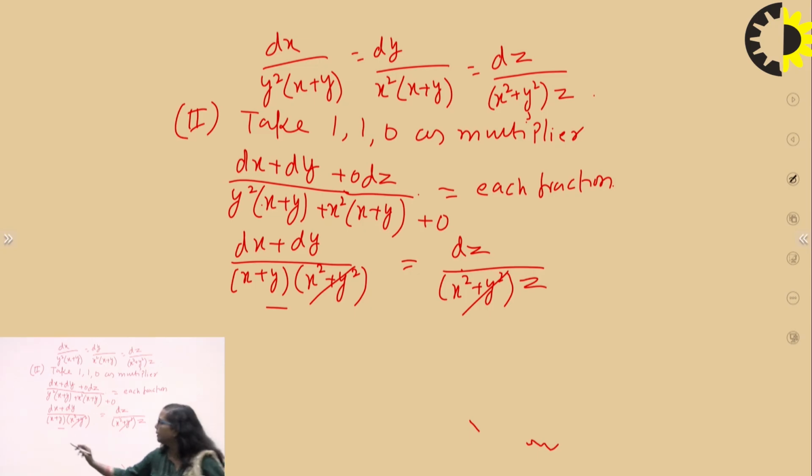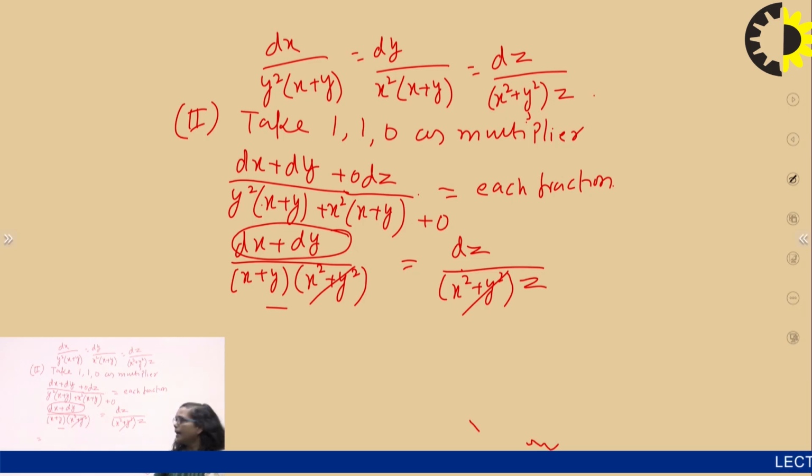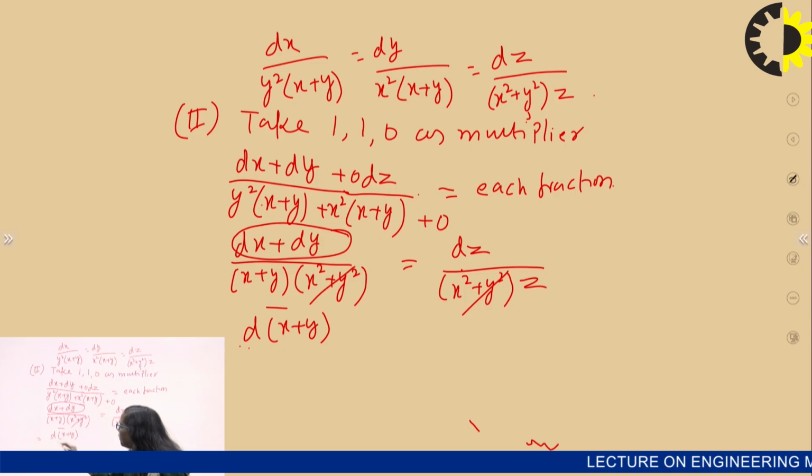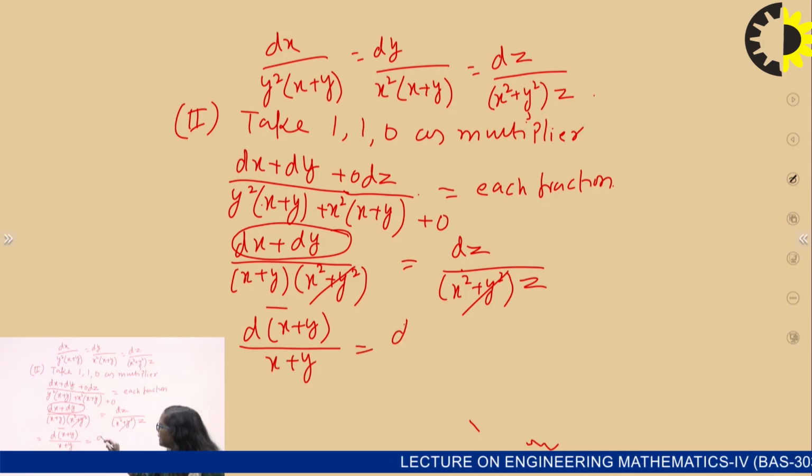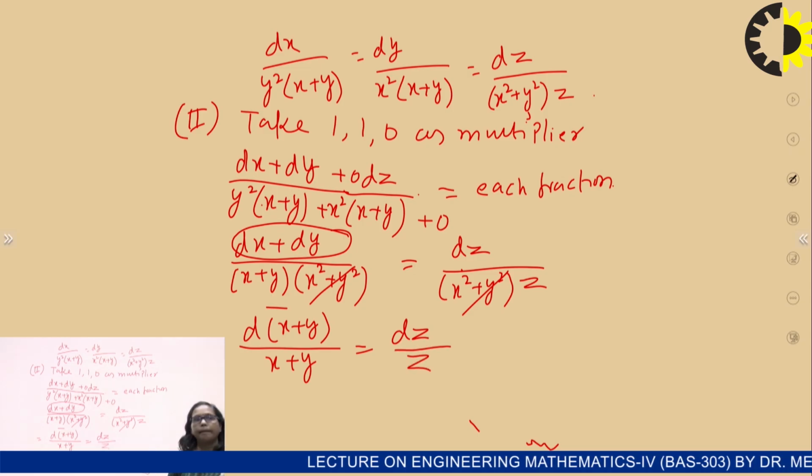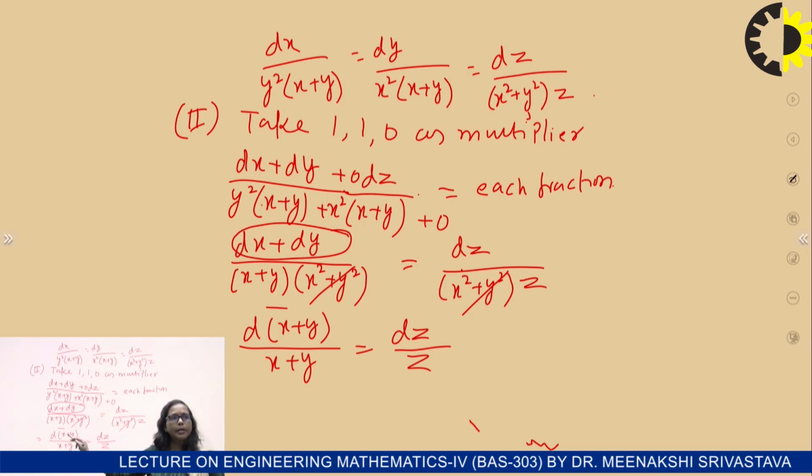And now we check whether this is integrable or not. How do I check this? Look at this numerator. Can I write this as the differential of x plus y upon x plus y, and the right hand side left is dz by z? So I get the derivative of the function in the numerator and the function itself in the denominator.